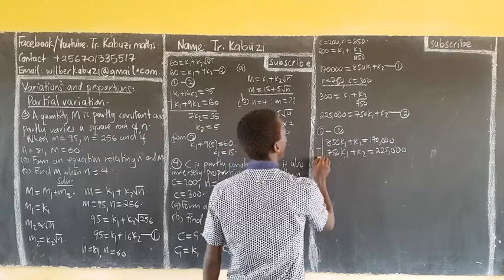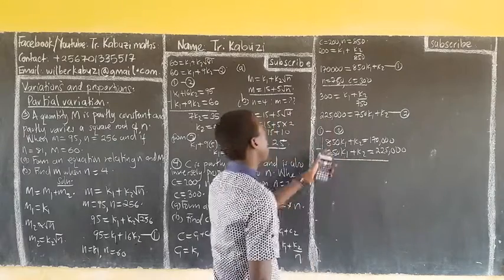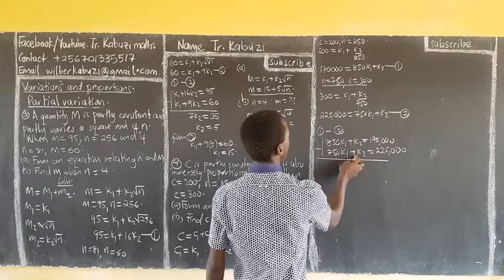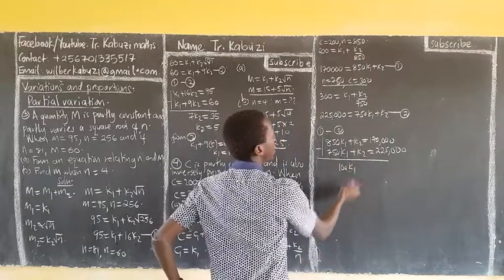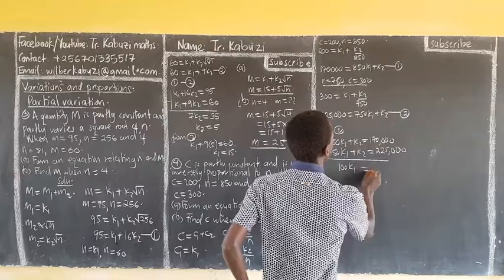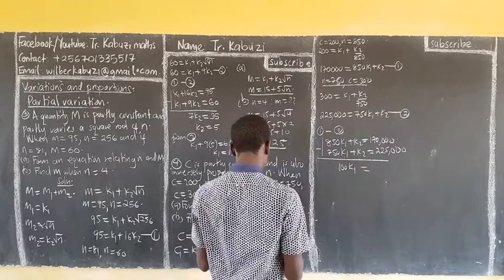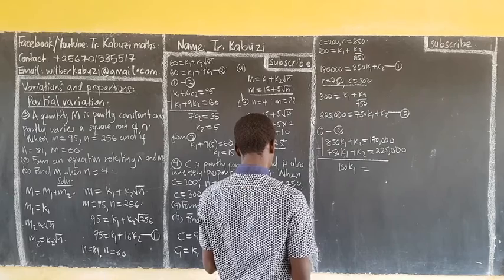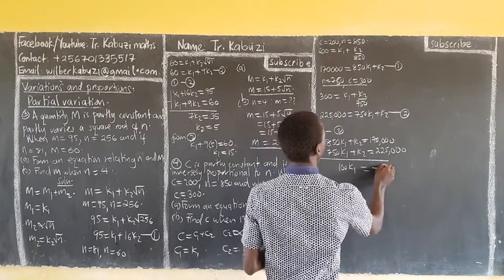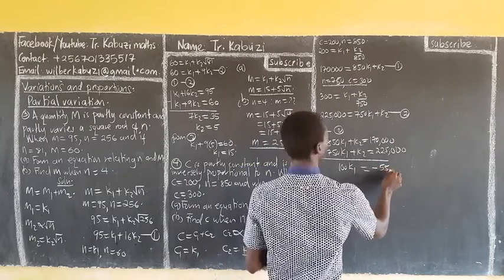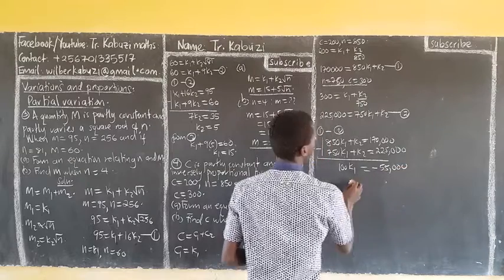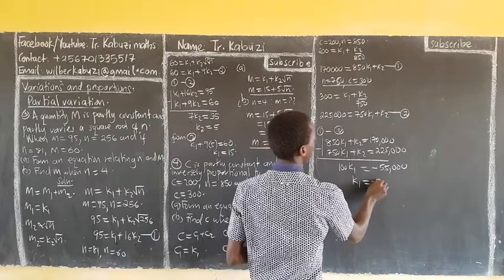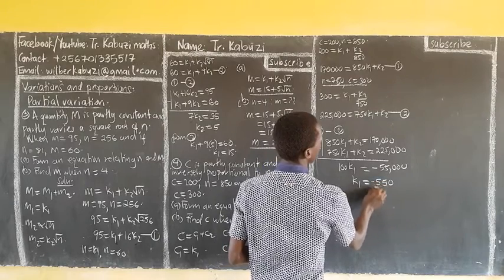Then we subtract. If I subtract this one, I get 100 K1, this minus this. Why am I subtracting? Because these ones have the same coefficient. Equal to, now we get negative 55,000. So if we divide, my K1 will be negative 550.